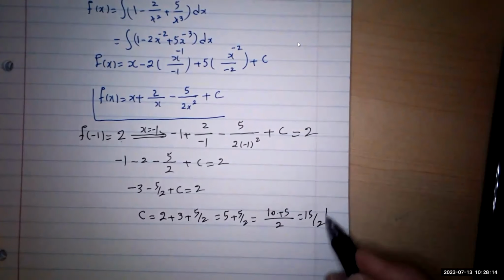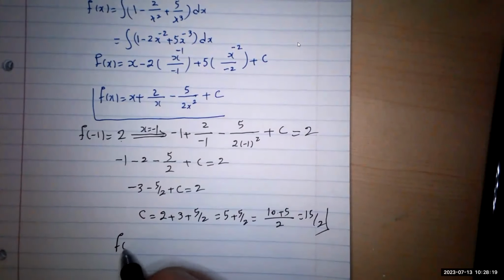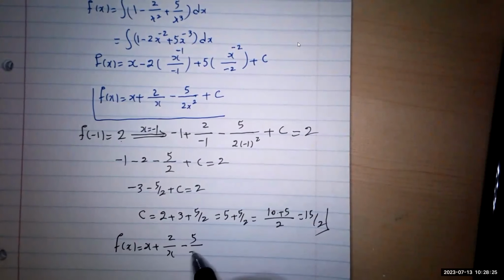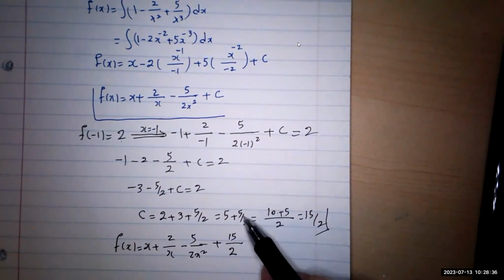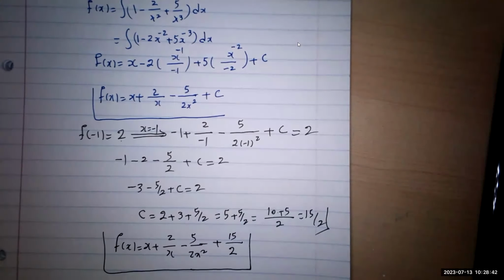So c is 15/2. Now give us the function. The solution is x plus 2 over x minus 5 over 2x squared plus c. What is c? 15/2. Okay, that was 2.5, 7.5. Yeah, that's correct. So that gives you the final answer.